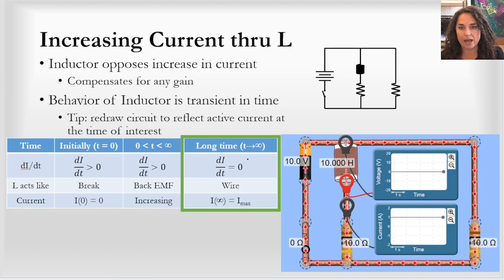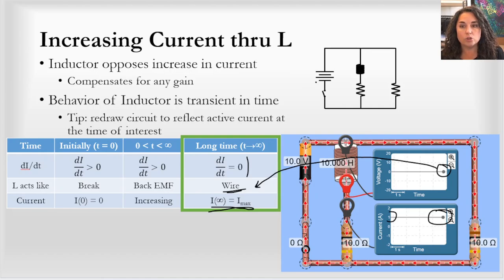At some point, after a long, long time, the inductor will have no changing current going through it, which means there will be some maximum value of current. And we see that over here. Whatever that is, there's some maximum value of current. And because the current is not changing through the inductor, it's not going to have any voltage over it. And because there's no voltage over it, we know that it's going to act like a wire.